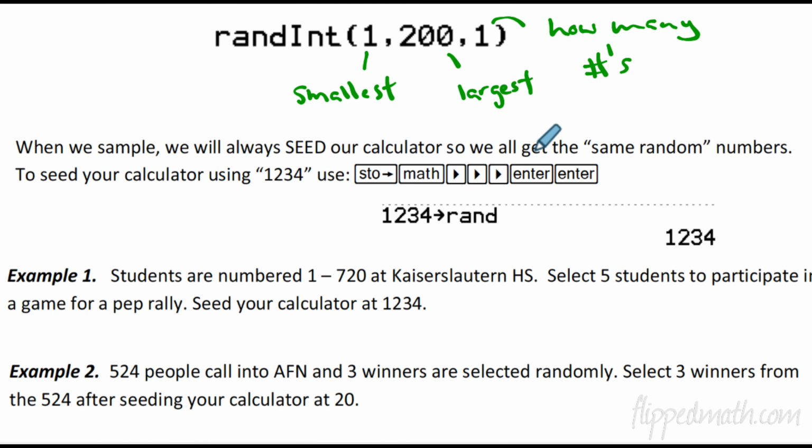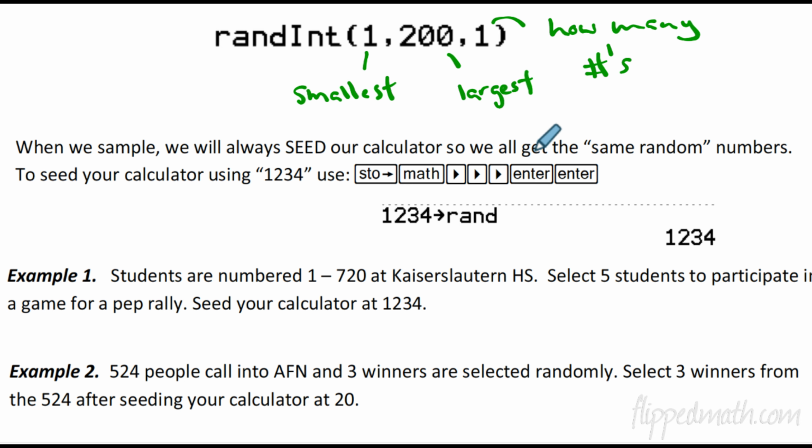Now, before we start actually pulling out random numbers and answering questions, I want to more or less ensure that we're all getting the same answers. Now, I know part of you are like, whoa, we get random numbers from the calculator here. They should be random. We should never get the same answers. And you're correct, 100%. But right now, I want to make sure that we're all getting the same numbers.